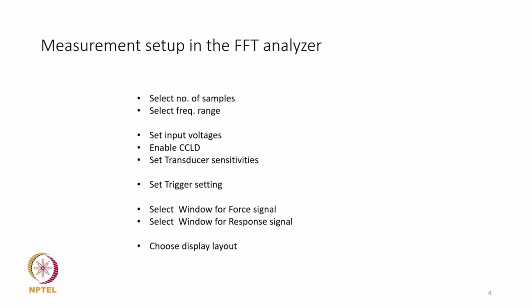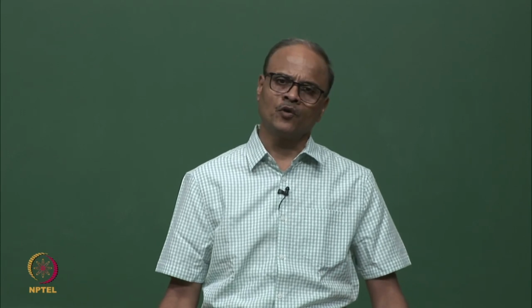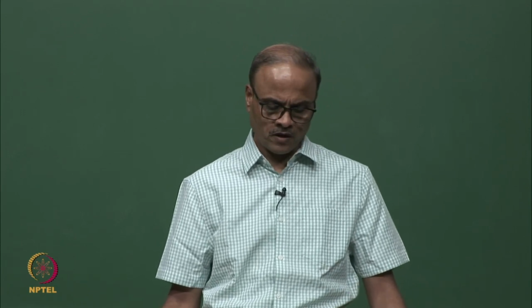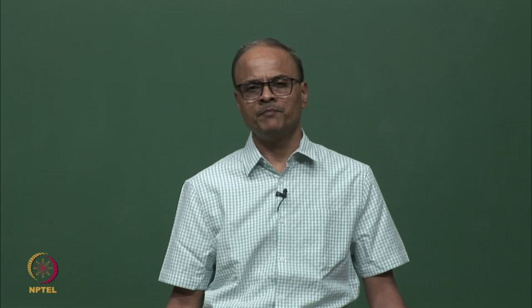So now before we use the analyzer to take the measurement, we need to decide the measurement setup for FRF measurement, and this relates to the choice of number of samples in the time domain, the sample length of the signal, and then the frequency range has to be fixed in the analyzer. Then we also need to decide the maximum input voltages in the 2 channels, and we are using IEP or ICP types of transducers.